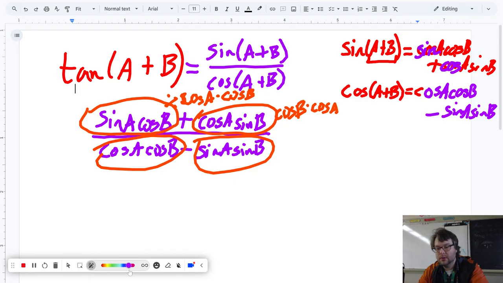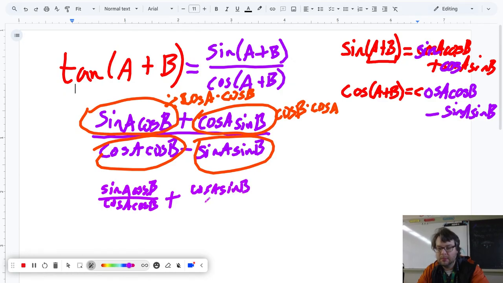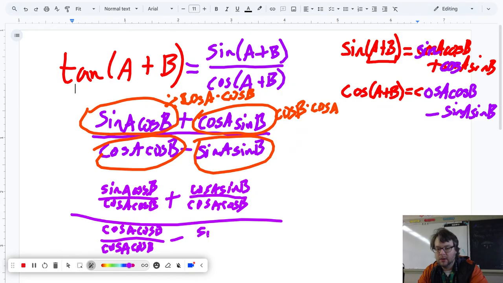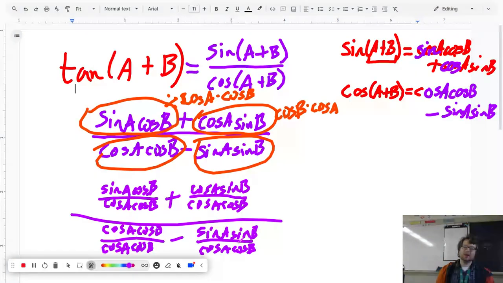The top left corner becomes sine A cosine B over cosine A cosine B. The top right corner, cosine A sine B over cosine A cosine B. Same thing on the bottom left corner, cosine A cosine B divided by cosine A cosine B. In the bottom right corner, sine A sine B over cosine A cosine B. Looks a lot worse.